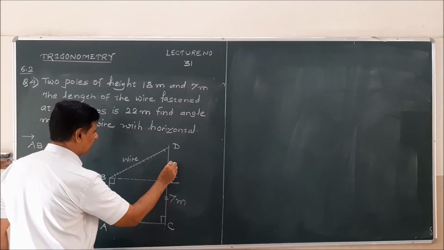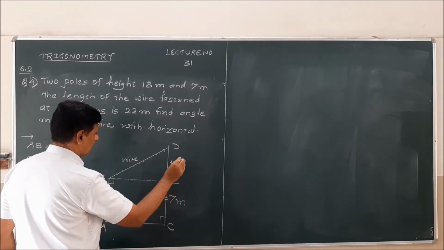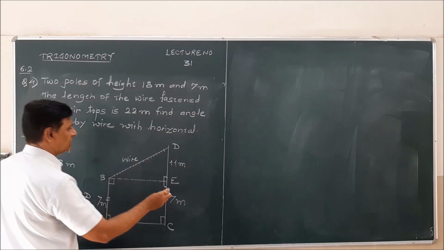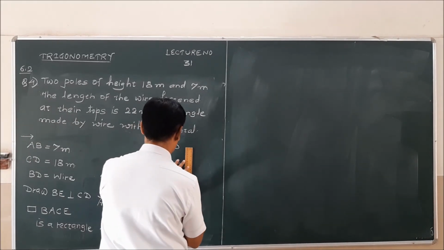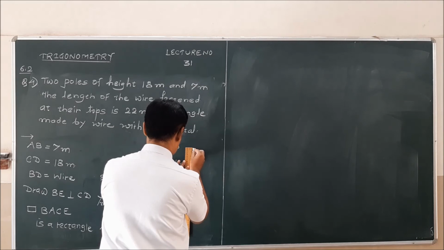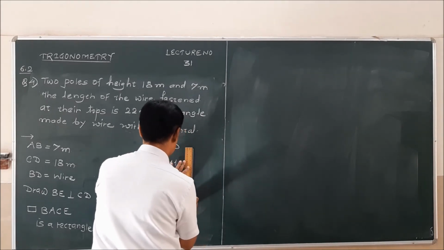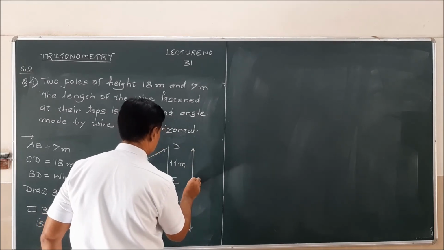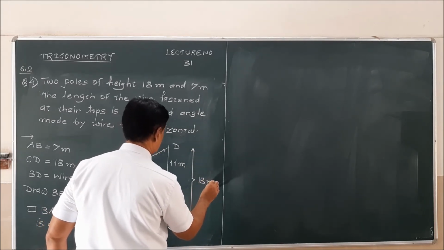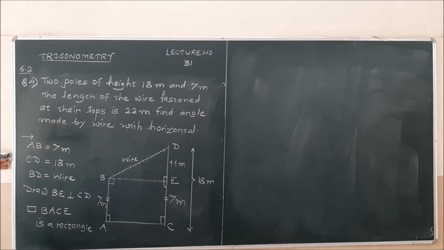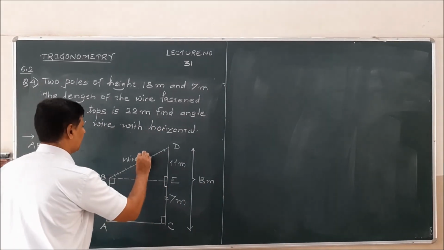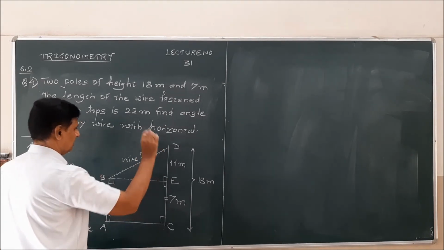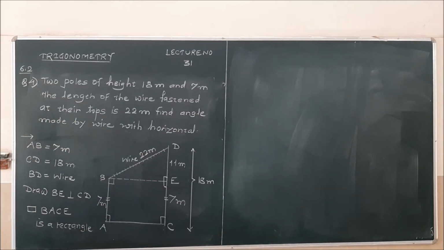If this is 7, it is very important, 7 plus 11 is 18. So you will get total 18. These are collinear points. And length of the wire is 22 meter.